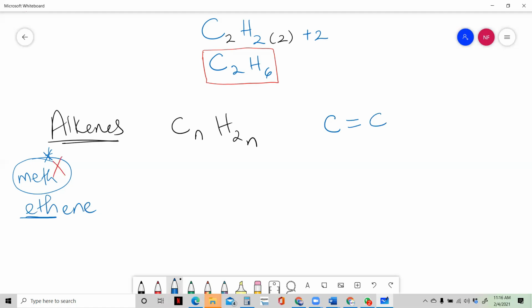I can't have meth, which is 1, because for the functional group of an alkene, I must have a double bond between 2 carbon atoms.